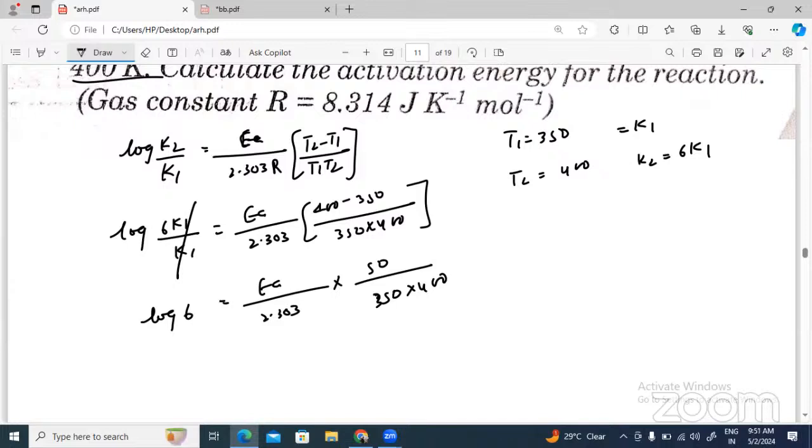Log 6 value we can simply add. Here they did not give the log 6 value, but let me write it. In the board exam, generally they give the log value, nothing to worry.